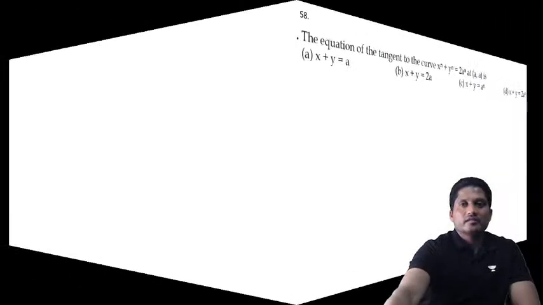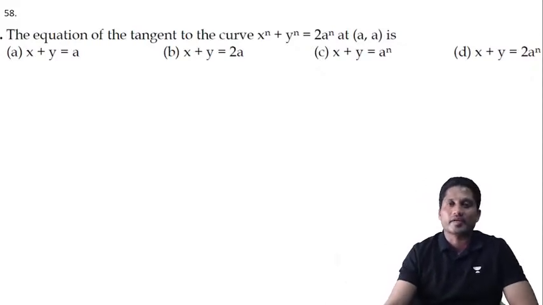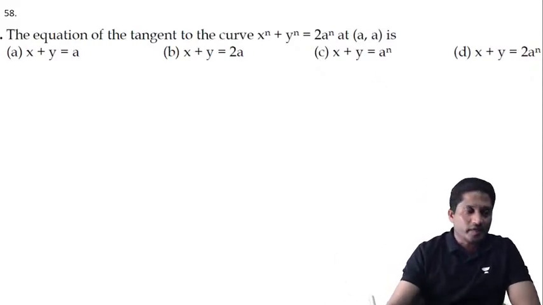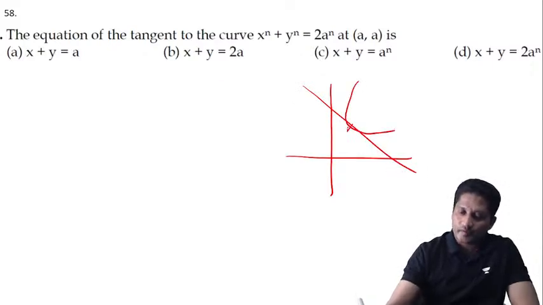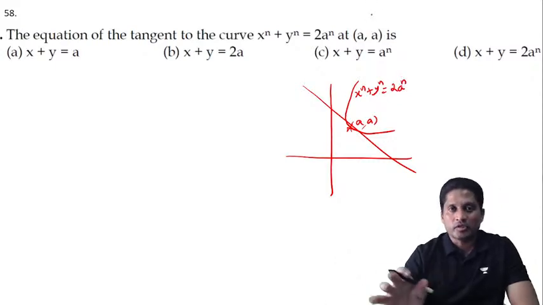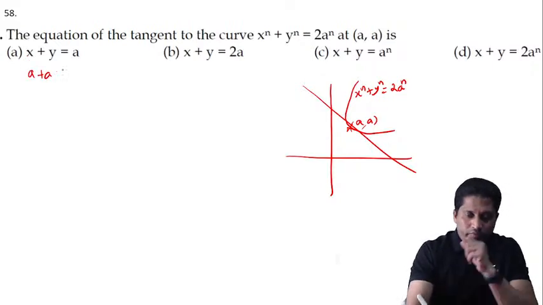Question number 58. The equation of the tangent to the curve x power n plus y power n is equal to 2a power n. See, actually no need to do the problem. Suppose you have a curve, at the point a comma a, the curve is x power n plus y power n is equal to 2a power n. I take this point a comma a and substitute in the options.